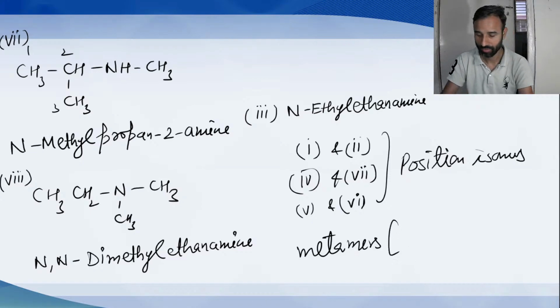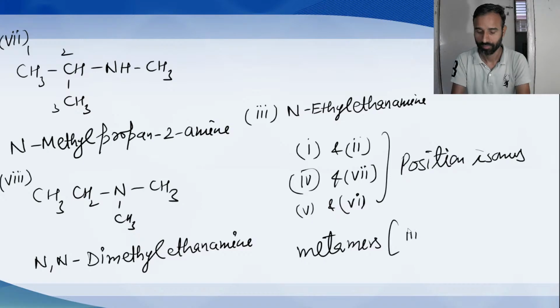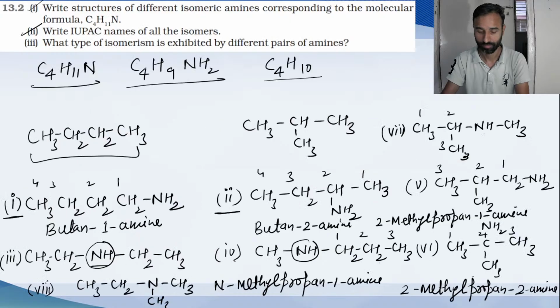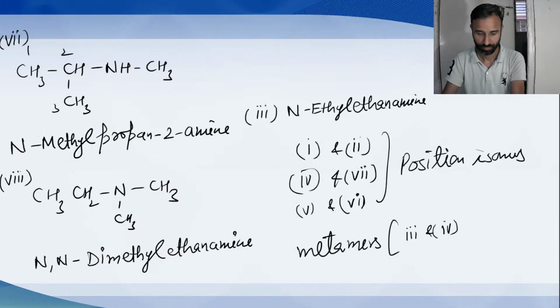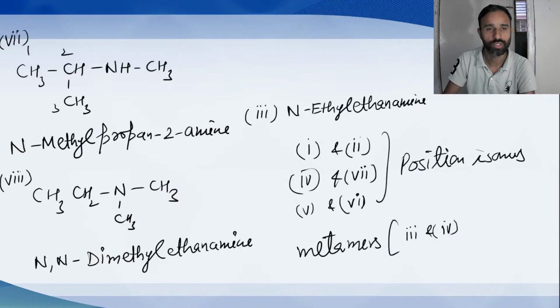So metamers are third, fourth. Then we can see the chain isomers. Okay, so on. So we can predict the isomerism in different pairs of amines.